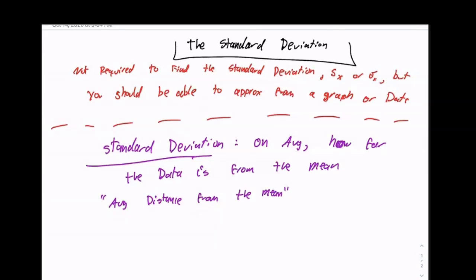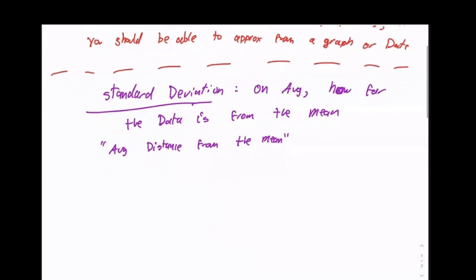So if you had a quiz, for example, there are 2 quizzes, both with a mean of 60.